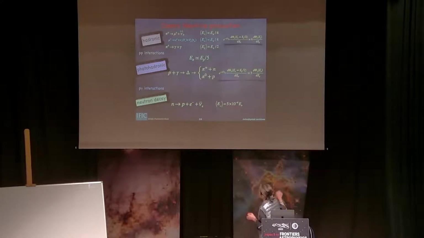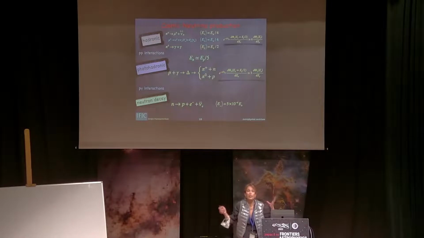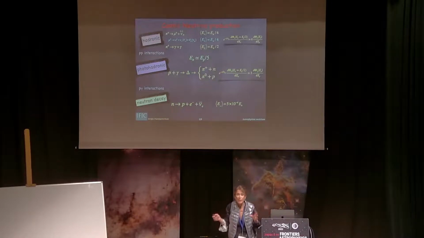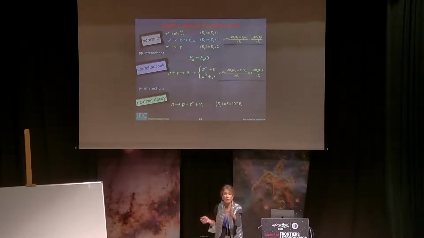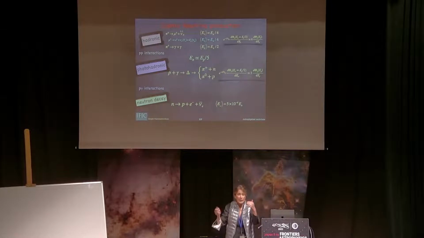In this one, also a fourth of the pion energy, and the gammas in this case get half of the pion energy. And these are the fluxes. But the most important thing I want you to keep in mind is that the energy of the pion is the proton energy divided by 5. So this means that the energy of the neutrino is the energy of the proton divided by 20. So when we have a cosmic ray interaction, the neutrino will inherit the energy of the parent proton divided by 20, okay?